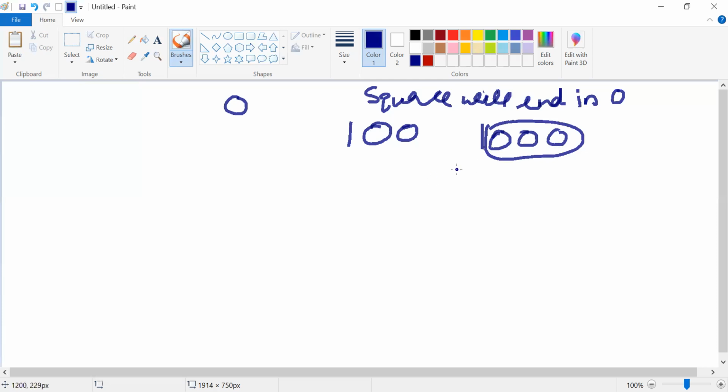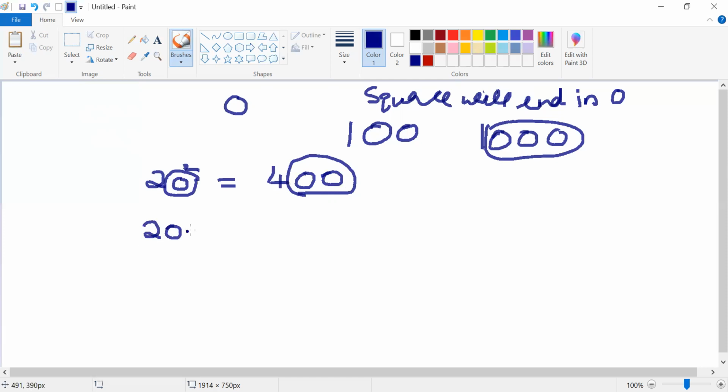So if a number is a square number and is ending in 0, then definitely it will end in an even number of 0s: 2, 4, 6, 8, like that. For example, if I take 20 squared, the square of 2 is 4, then 0, 0. If a number has 1 zero, its square will have 2 zeros.